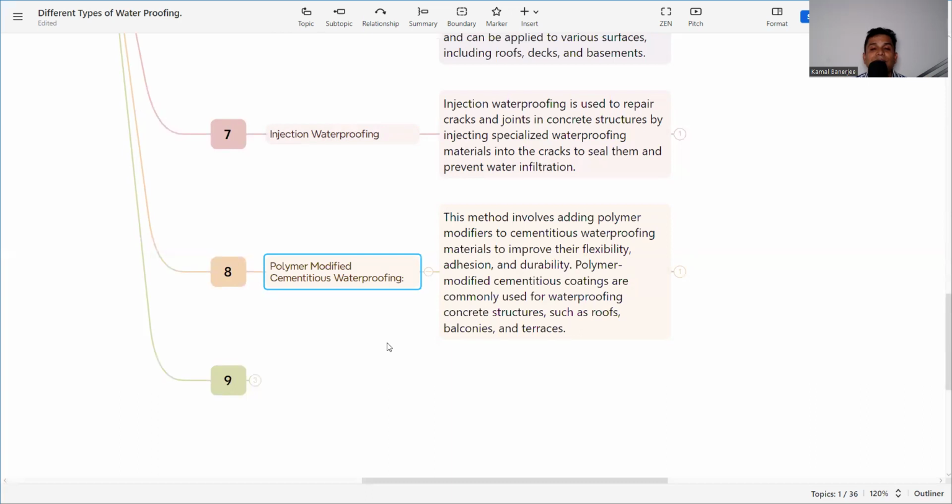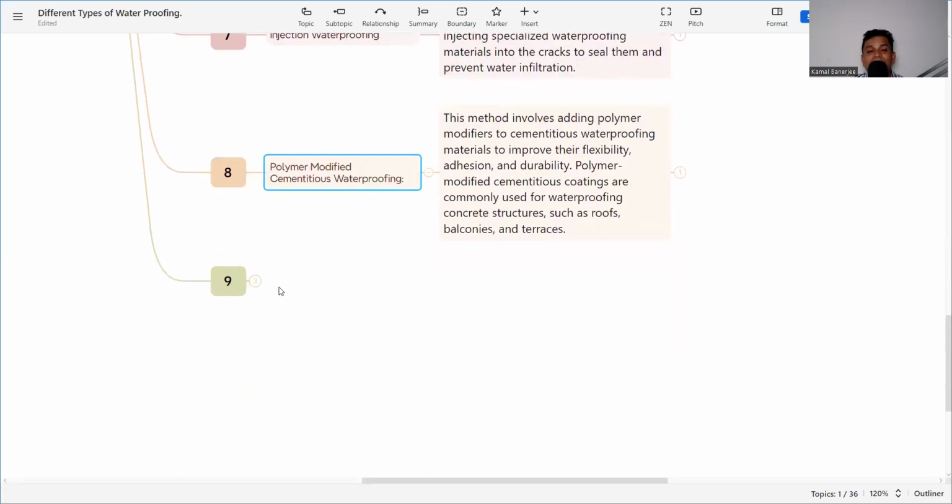Polymer-modified cementitious coatings are commonly used for waterproofing concrete structures such as roofs, balconies, and terraces. Whenever we add polymer to cementitious waterproofing, it becomes more durable with better adhesion and flexibility. So polymer-modified cementitious waterproofing is another type commonly used in concrete structures.